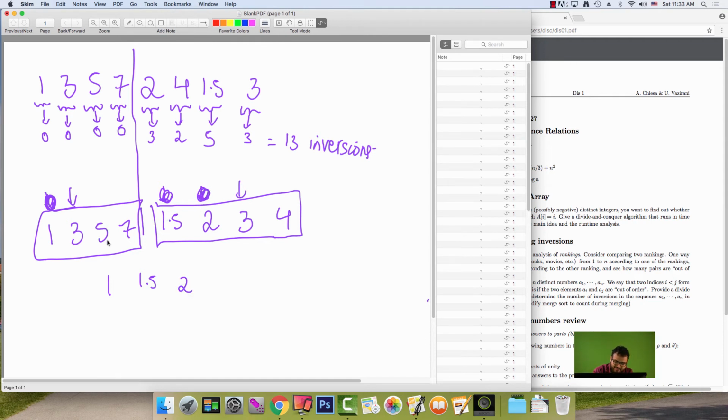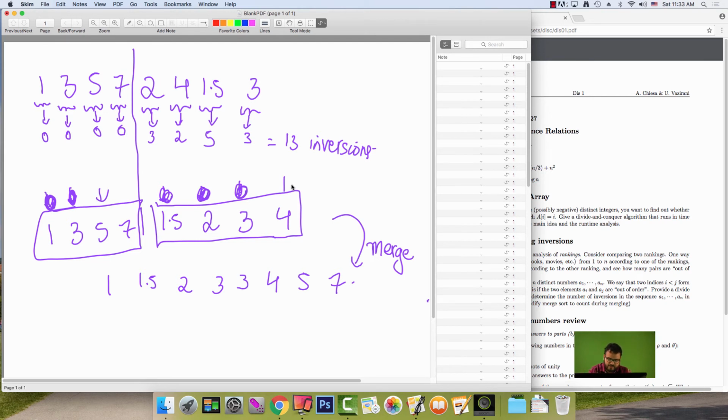Which of these 2 is smaller? Well, they're the same, so it's fine. We can just move 1. Which of these 2 is smaller? This one. Move 1. Which of these 2 is smaller? And then there's nothing here, so we just copy the remaining from here, 5 and then 7. This is the merge sort algorithm. And this final step is what is called the merge step of the merge sort algorithm.